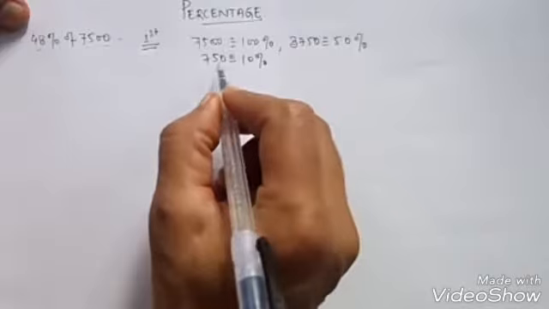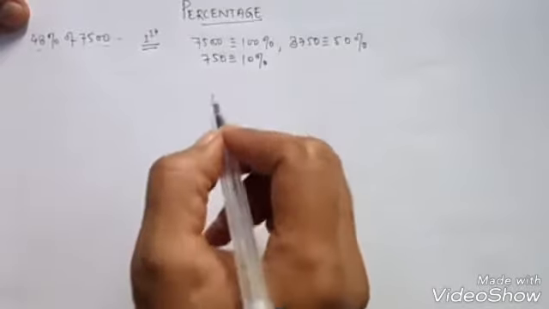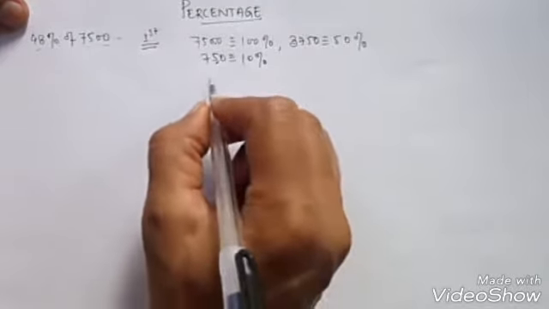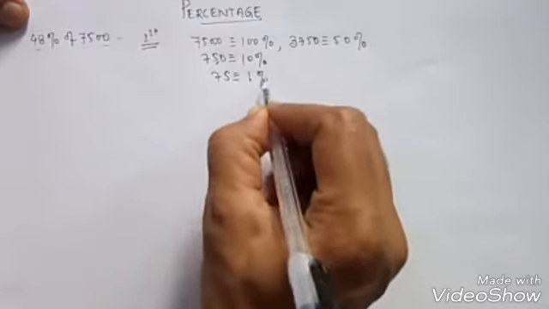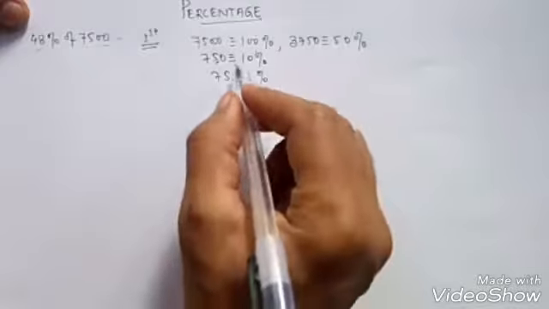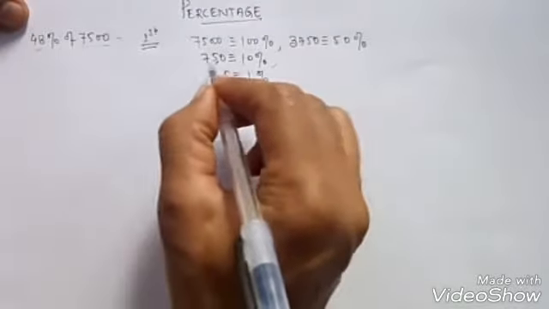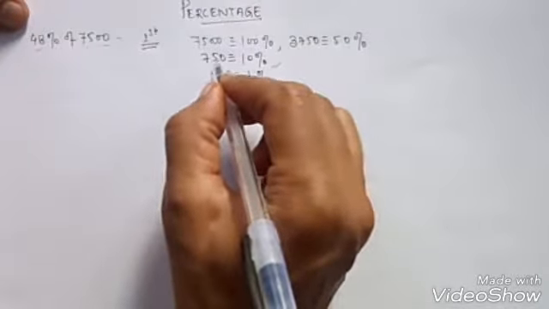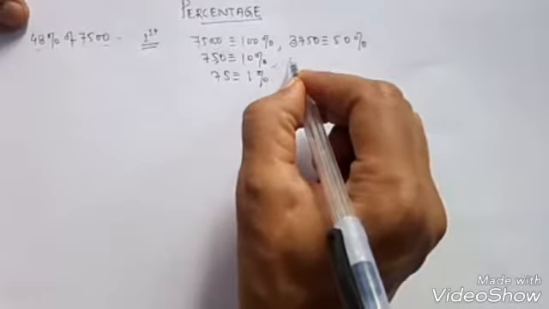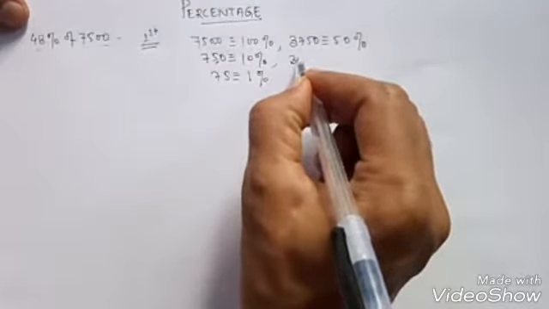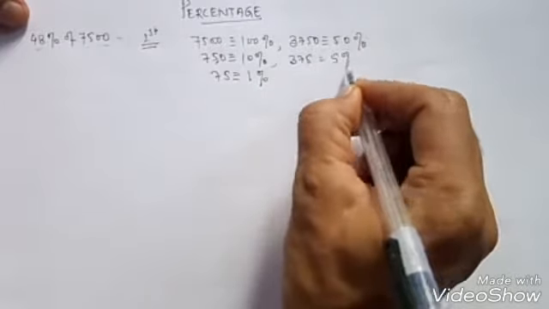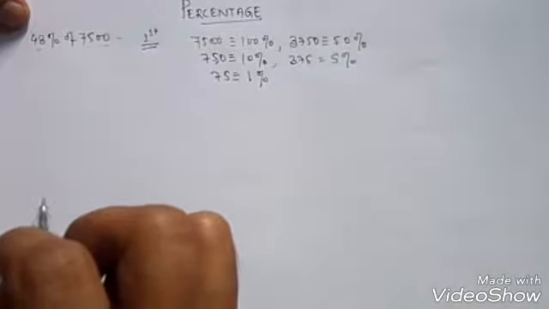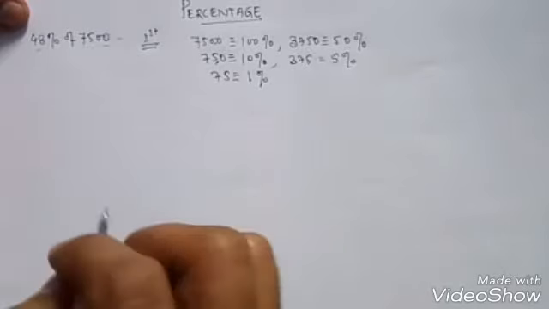If I again put a point here, then it will be 75, which will be equivalent to 1%. Similarly, 5% would be half of this. So half of this is 375, which is equivalent to 5%. I hope you understood this concept.